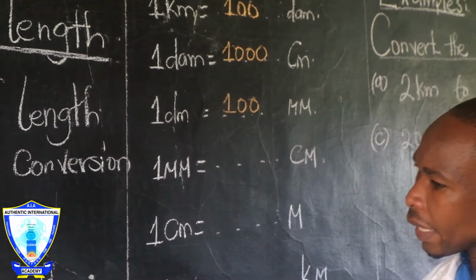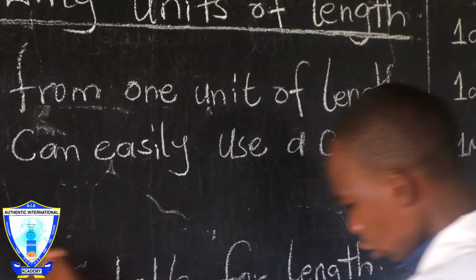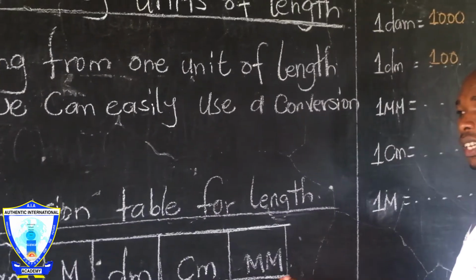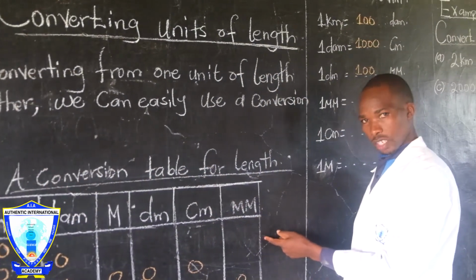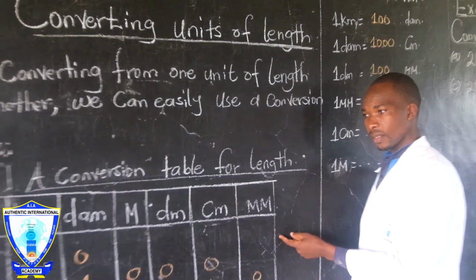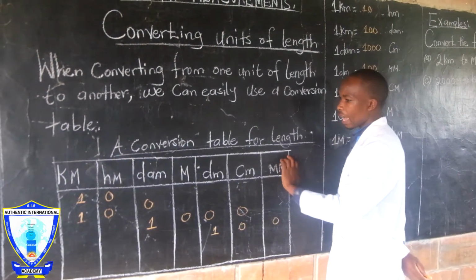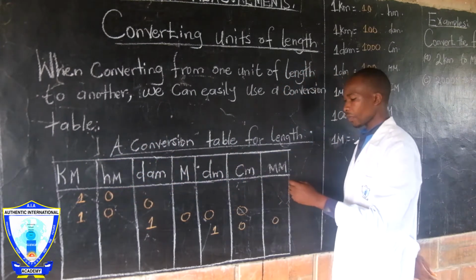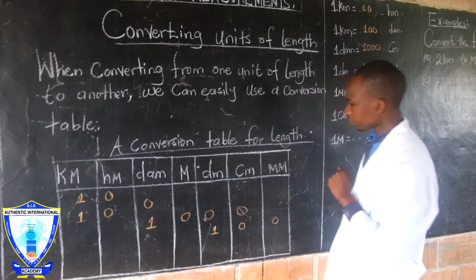Then here, when I'm converting from kilometer to millimeter, it means that I'm converting from a bigger unit to a smaller unit. But if I'm converting from millimeter going back, it means that I'm converting from a smaller unit to a bigger unit.